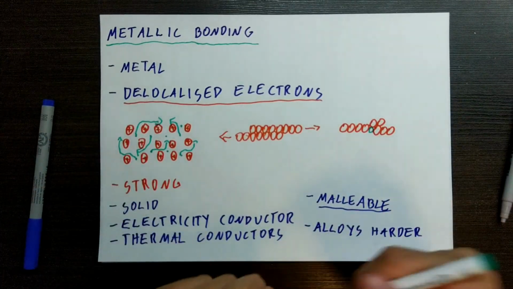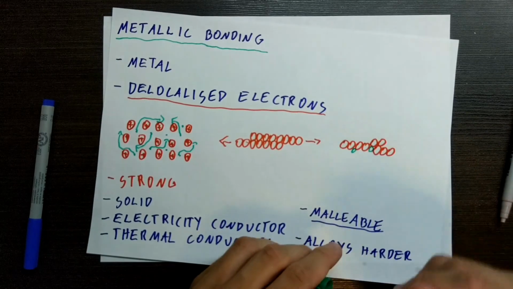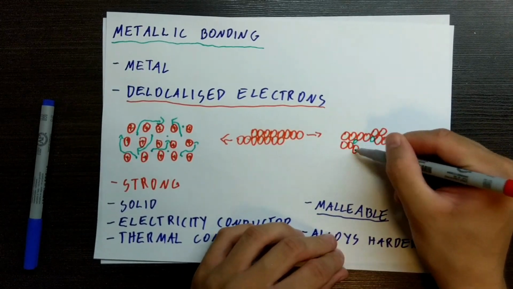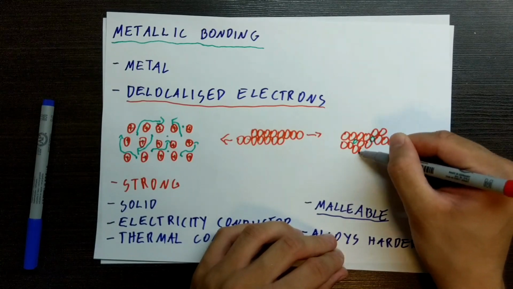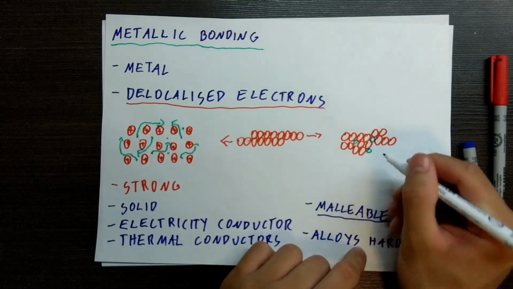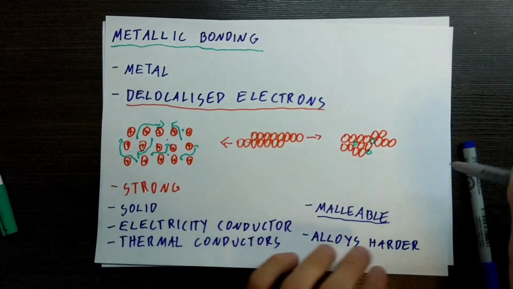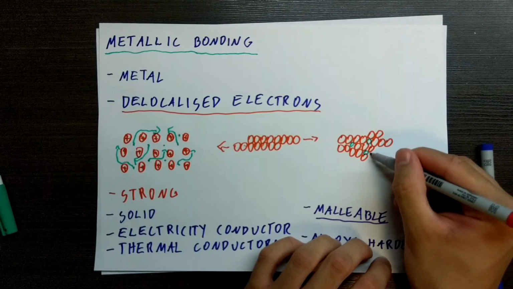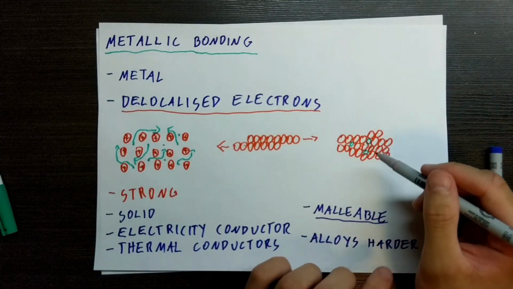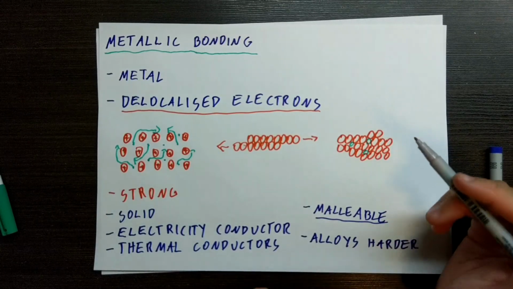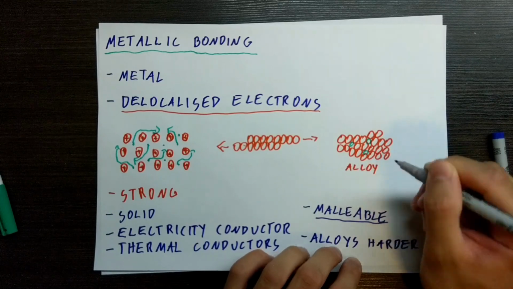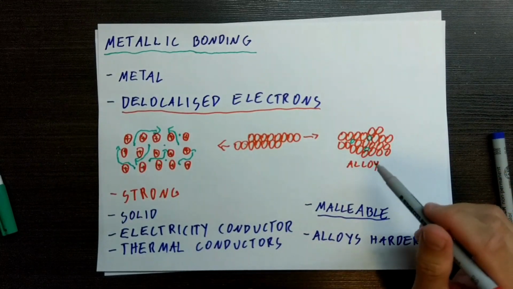If we throw in another one here, that will disrupt the second layer like that somewhat. So it's no longer arranged in these neat even rows. And what that means is that they do not slide over as easily anymore. They cannot change shape as easily anymore. So they end up being harder. That explains why alloys are harder.